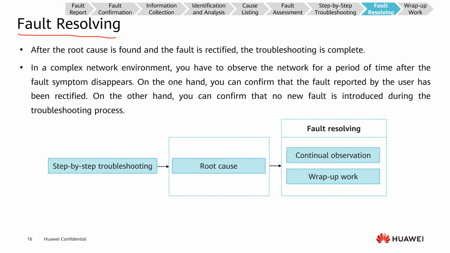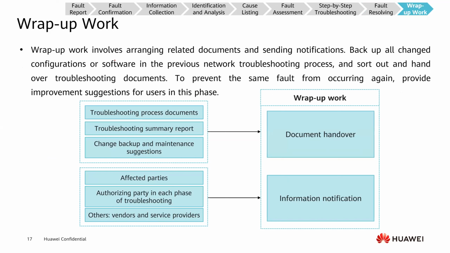Okay, so after the root cause is found and the fault is rectified, the troubleshooting is complete. After the fault is resolved, we may do conditional observation, and lastly some wrap-up work. Wrap-up work involves arranging related documentation and sending notification.